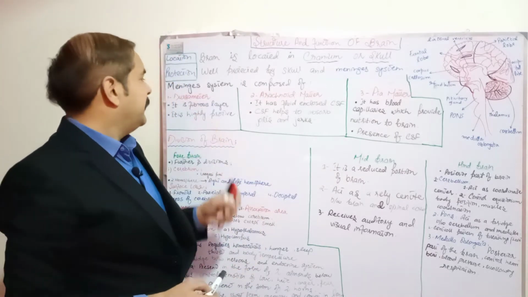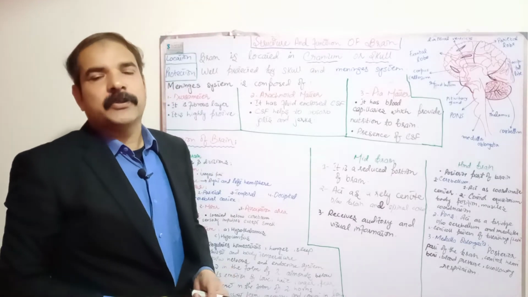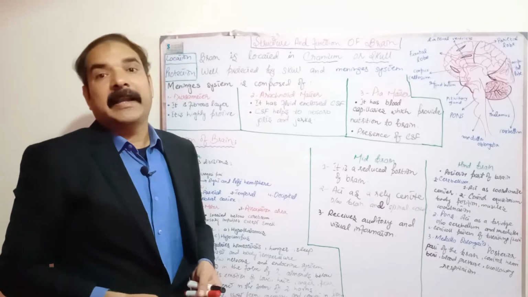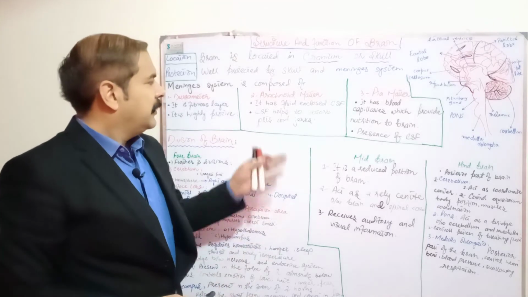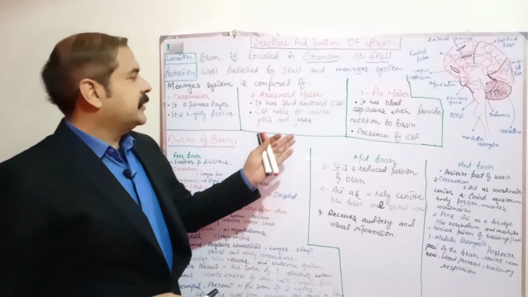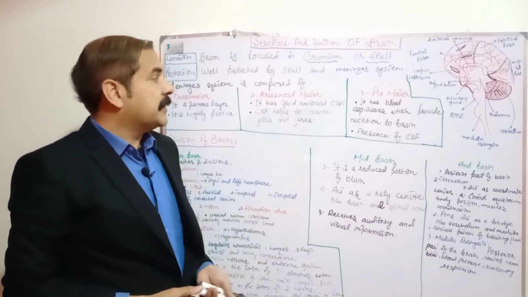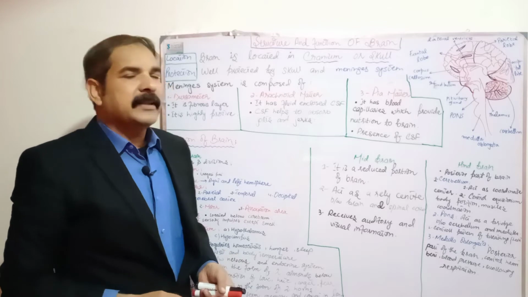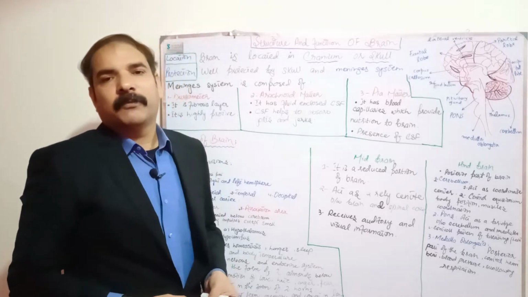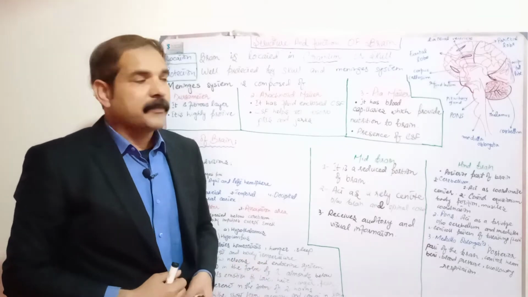The dura mater is a fibrous layer, and as it is fibrous, by function it is highly protective. The second one is arachnoid mater, and it is fluid. It has fluid enclosed, CSF, the cerebrospinal fluid, and the function of this fluid is to absorb jerks and jolts.